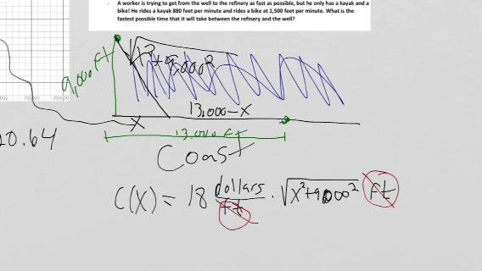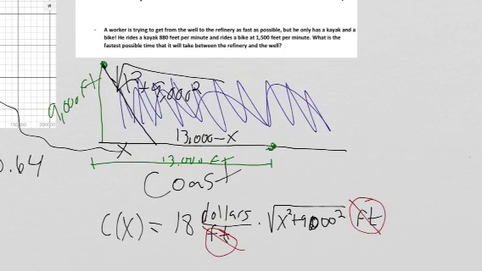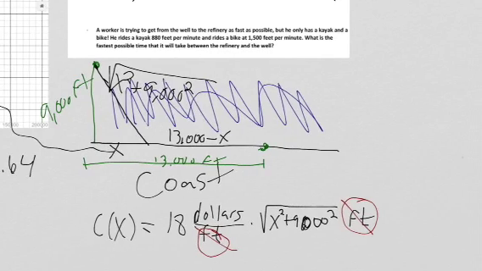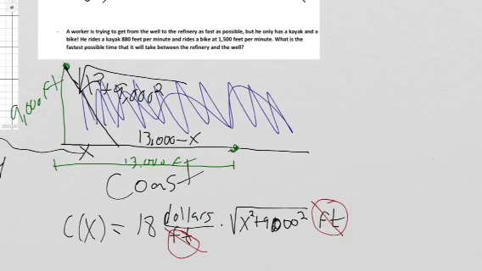But when we're talking about speed, if we're saying that he moves in a kayak 880 feet per minute and rides a bike 15,000 feet per minute, we want to end with the minimum time, the fastest possible time, which means we need to flip our 880 because we want to end up with a final unit of minutes.